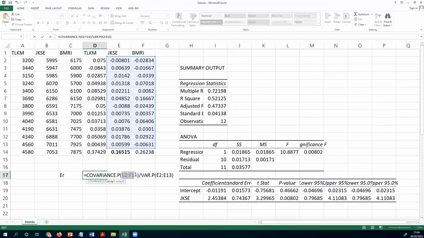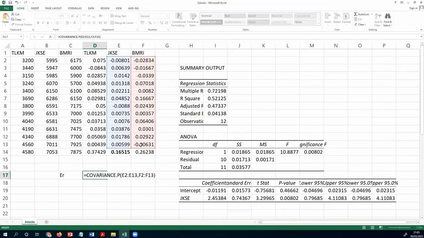Covariance from here, this covariance, and then comma, this one.